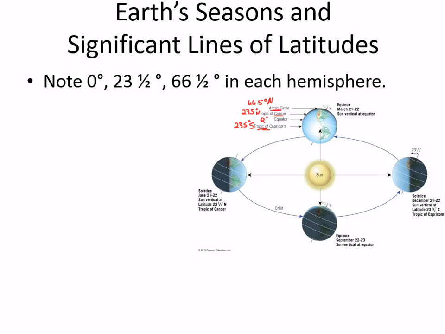And then not listed on here, but I think it should be, and kind of analogous to our Arctic Circle, is the Antarctic Circle. So this would be 66.5 degrees south latitude, and that's the Antarctic Circle. Okay. So those are special lines of latitude that you'll hear us refer to.